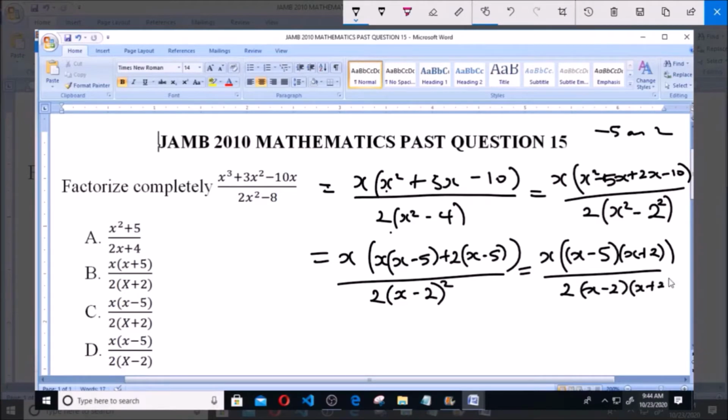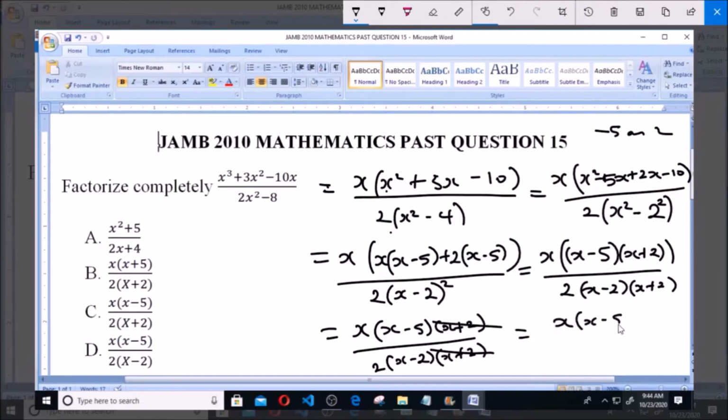So this is equal to x into x minus 5, x plus 2, all over 2 into x minus 2, x plus 2. Now x plus 2 can cancel x plus 2, giving us x into x minus 5 all over 2 into x minus 2.